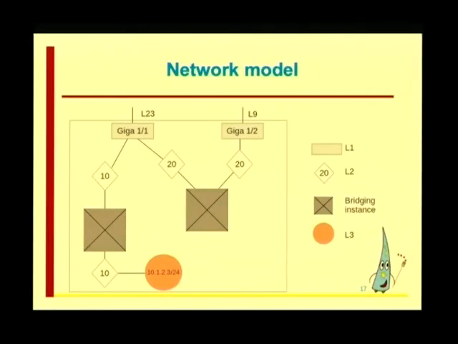Those crossed gray squares are bridging instances. So for those 2 different VLANs, 10 and 20, we have different bridging instances. And behind the bridging instance for VLAN 10, there is a red disk, which is the L3 network node with the management IP address in it, which is connected to the VLAN.